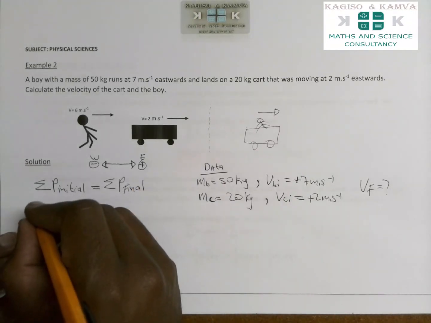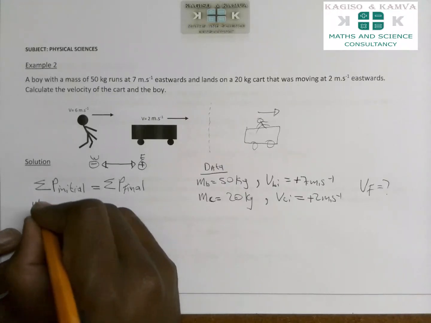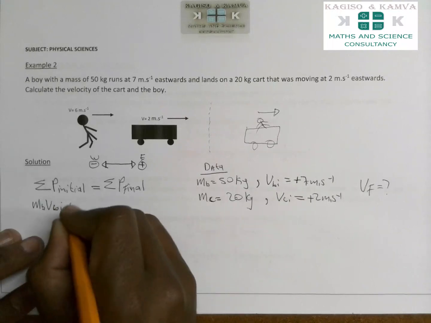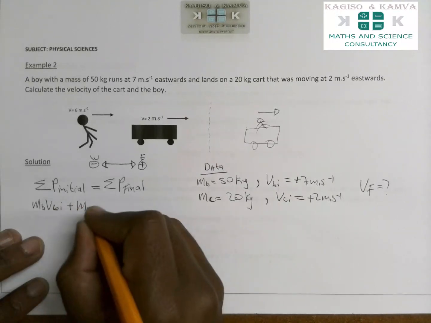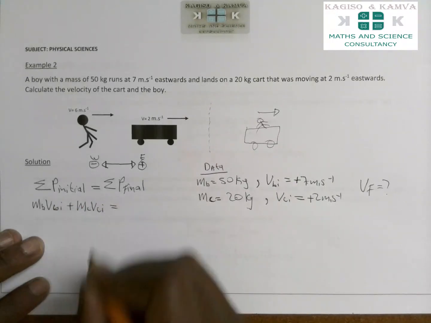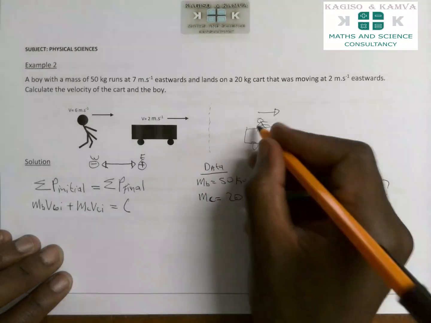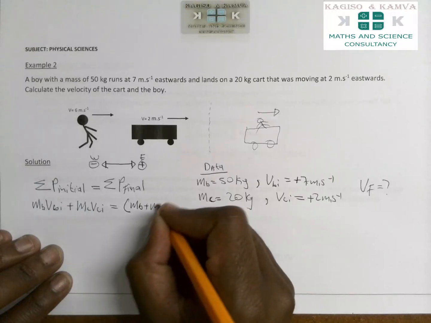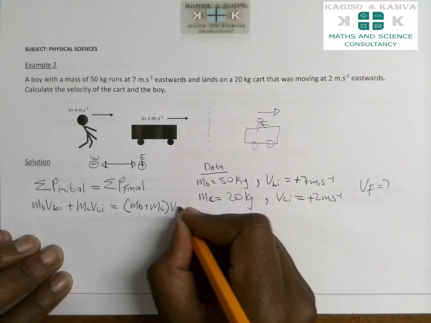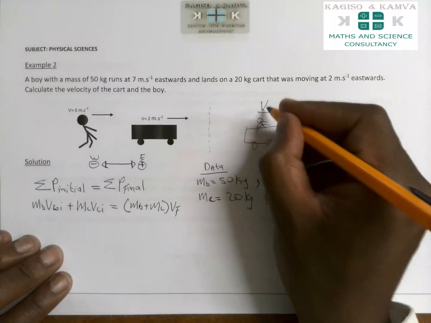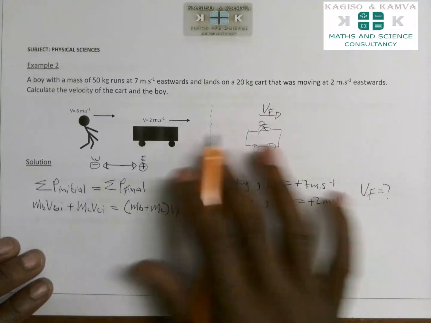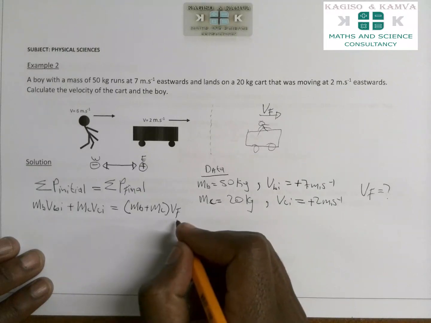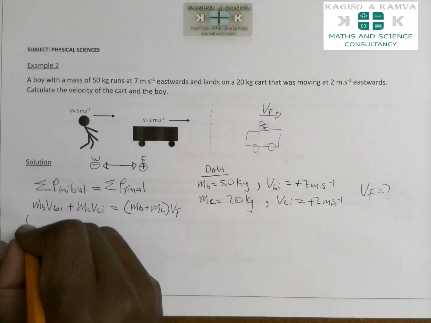And then we see the mass of the buoy, velocity of the buoy initial plus mass of the cart, velocity of the cart initial is equal to, now since they've joined, you're gonna see the mass of the buoy plus the mass of the cart. They've got a common final velocity, VF.